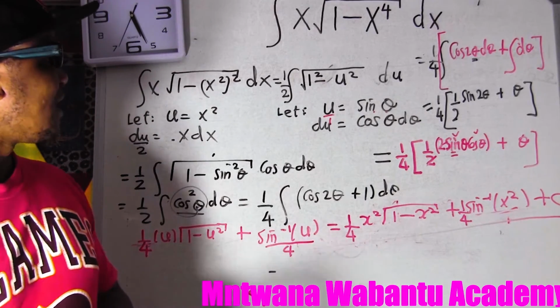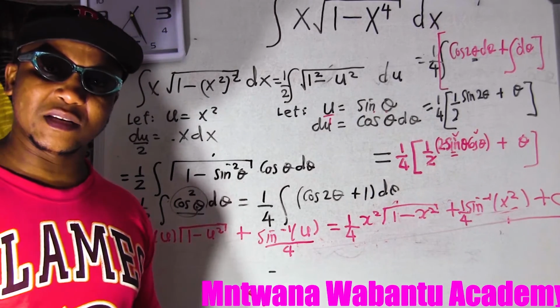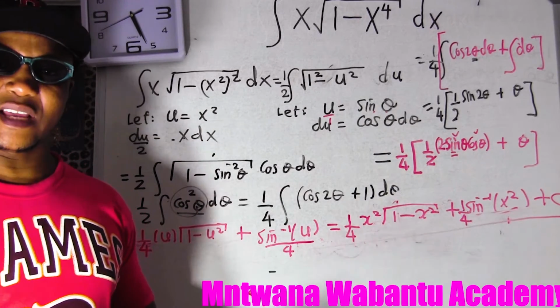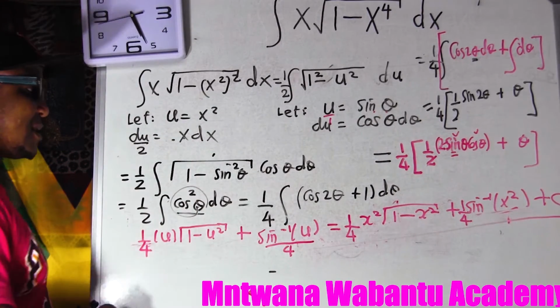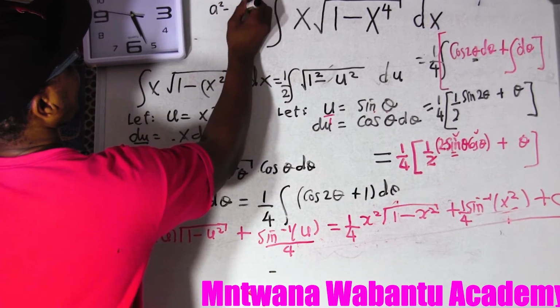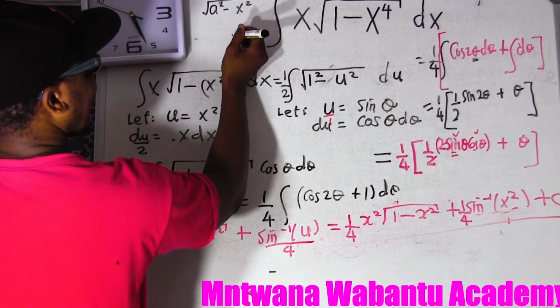So, look, it's a very interesting equation, and an easy one. What you need to remember is trig substitution. For example, if you have a squared minus x squared, then you know this is a sine substitution.